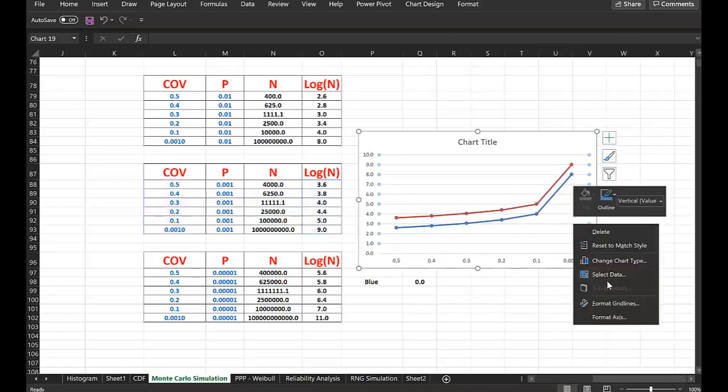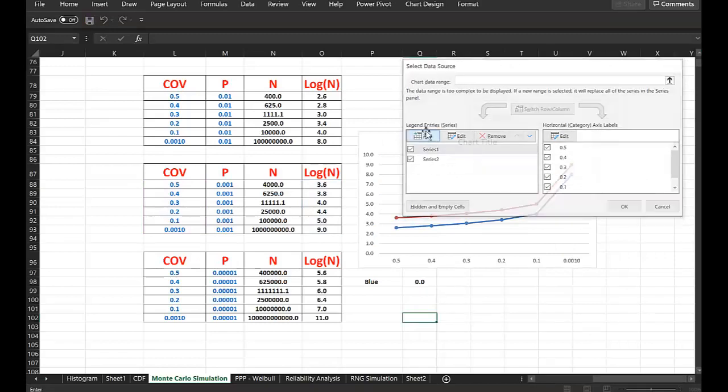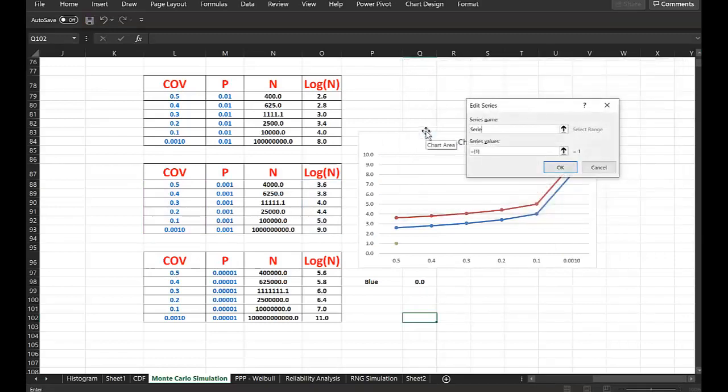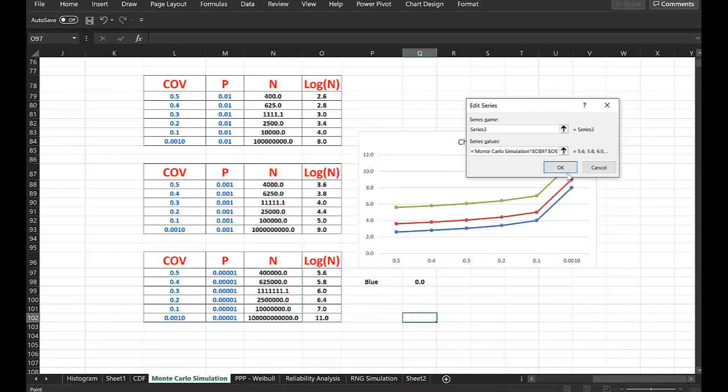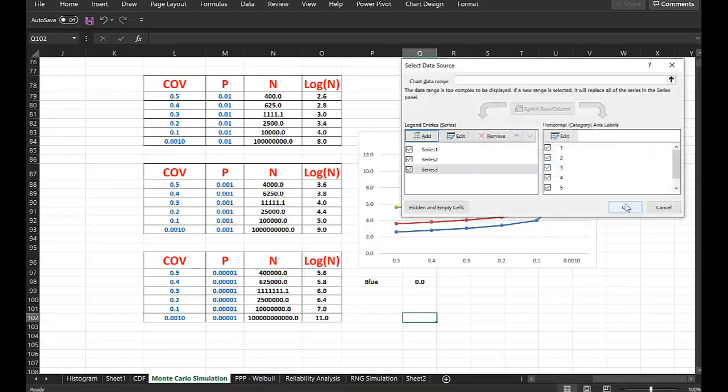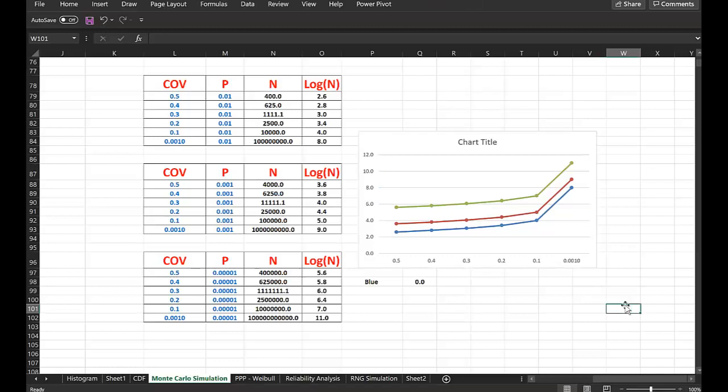Similarly, I can add another graph, that is series 3, and on the y-axis we will have this value, and then we have this graph here. Now see, the red one is for 0.001 and the green one is for 0.0001.